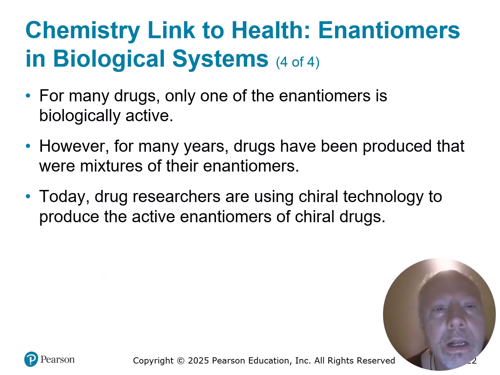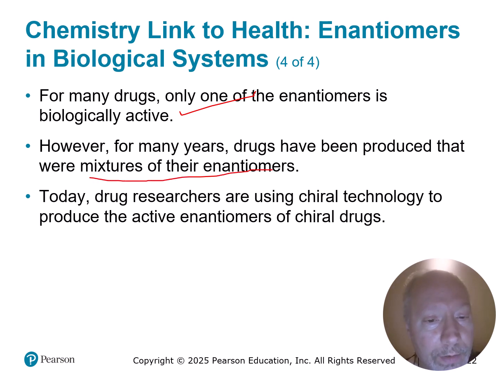That's amazing. For many drugs, only one of the enantiomers is biologically active. Now, it could be possible the enzyme may recognize both, but not always, right? So for many years, drugs were produced with mixtures of enantiomers, and it was kind of a waste because one enantiomer was worthless and the other one was effective. So you really got half the dose of what you thought you were getting.